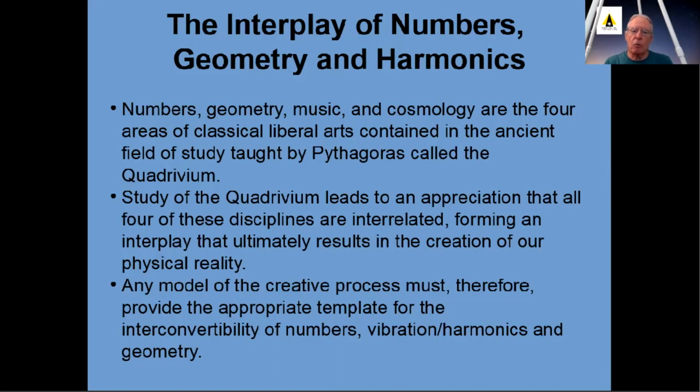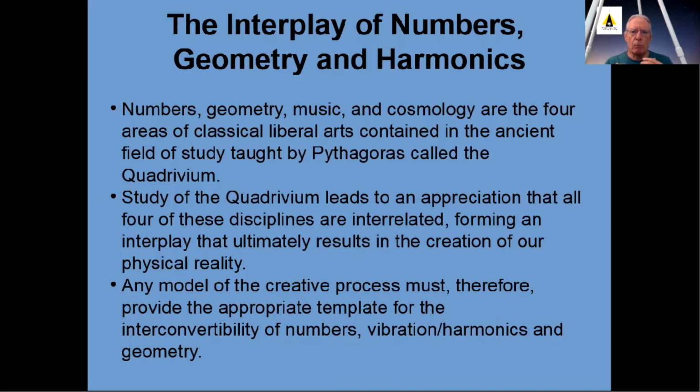Now, study of the quadrivium will lead one, and I've been studying this now for several years, and I just keep getting more and more amazed at this appreciation that all 4 of these disciplines are truly interrelated. Everything is holistic, and they form an interplay that ultimately results in the creation of our physical reality. In other words, numbers can become geometry, and geometry can become vibration, and vibration can become reality, and so forth. And so there's this amazing interplay of all of these various facets.